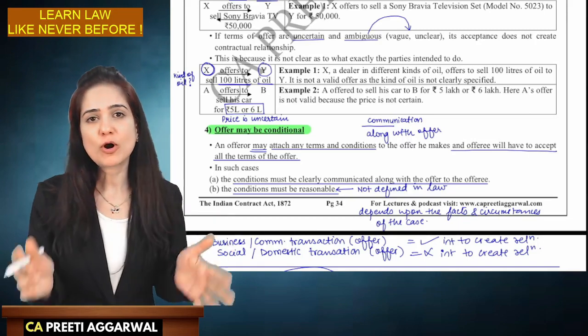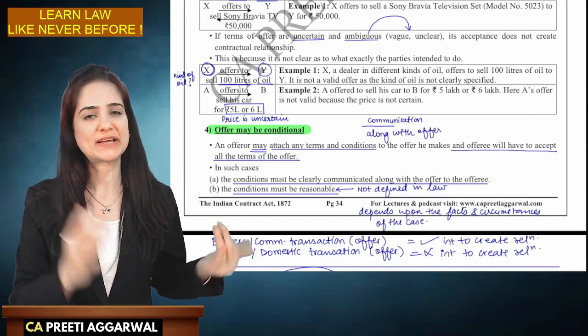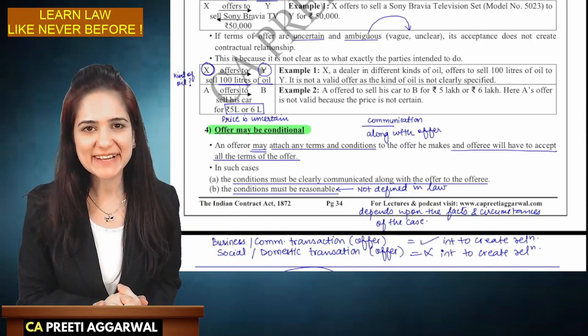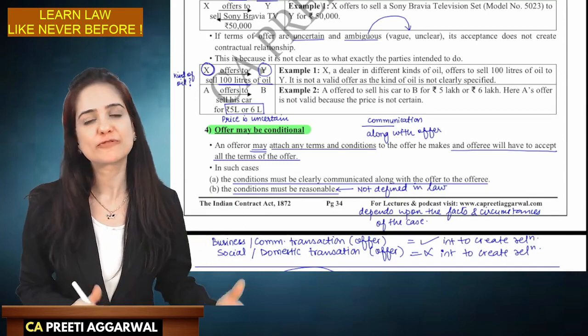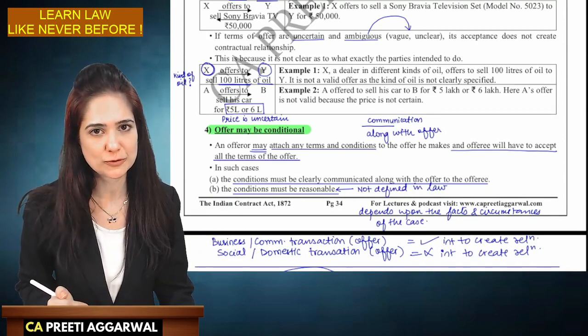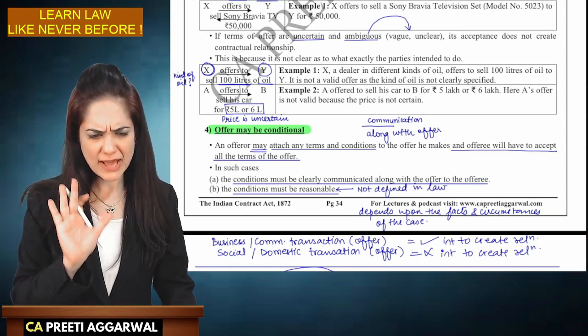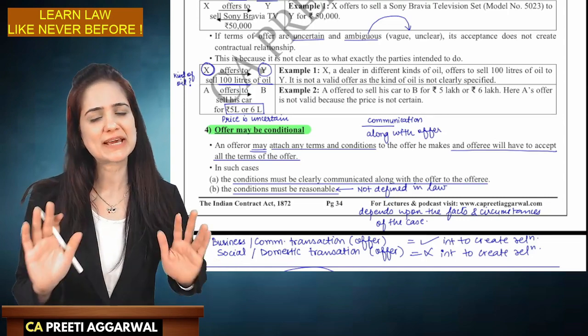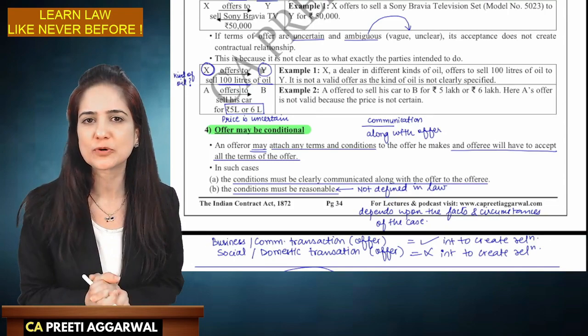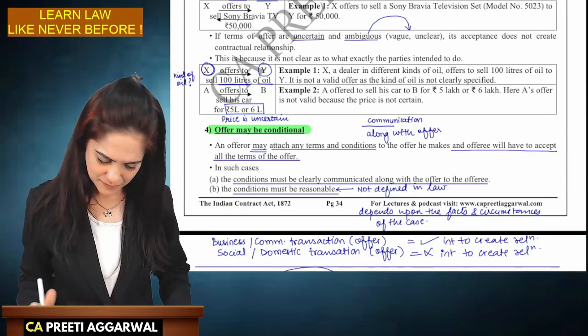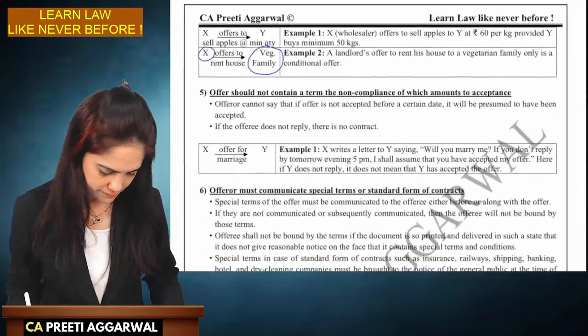Now, the concept of conditions must be reasonable, etc., we will discuss in detail when we come to communication of offer and acceptance. So I have a case law also for you over there. So as far as this concept is concerned, just accept that whatever conditions you impose, they must be reasonable.